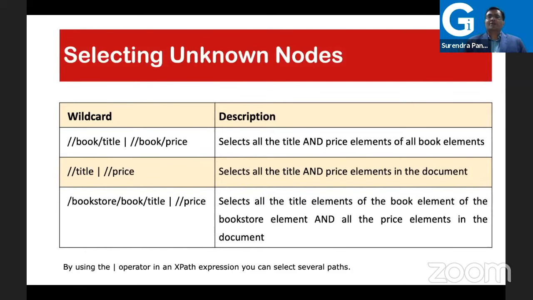XPath allows you to access a specific element, like the title, the price, all the titles, all the books, or attribute values. All this is possible by writing the specific path, and that is what XPath is.